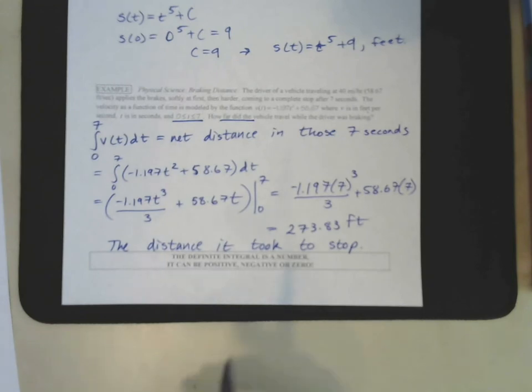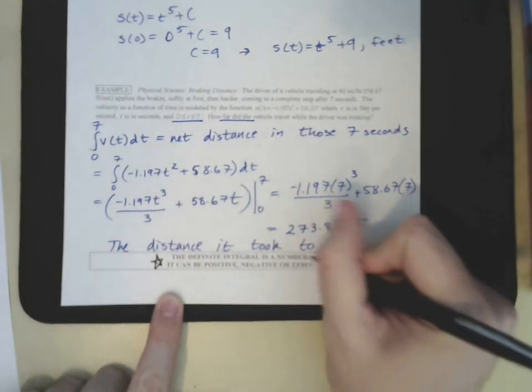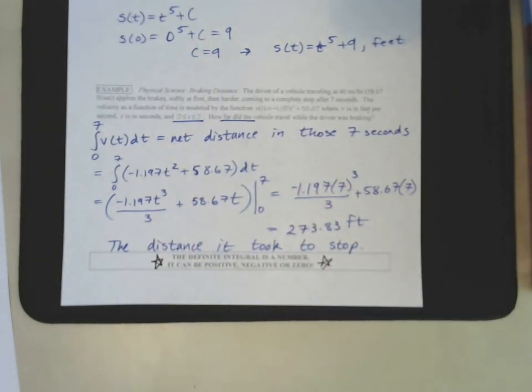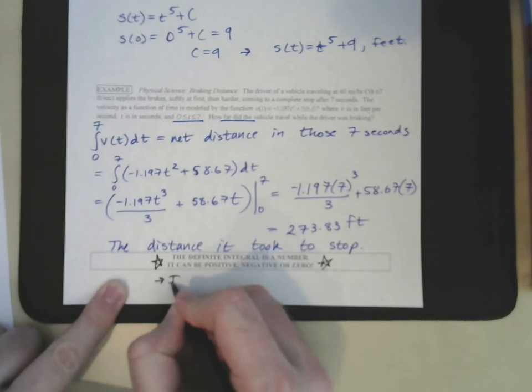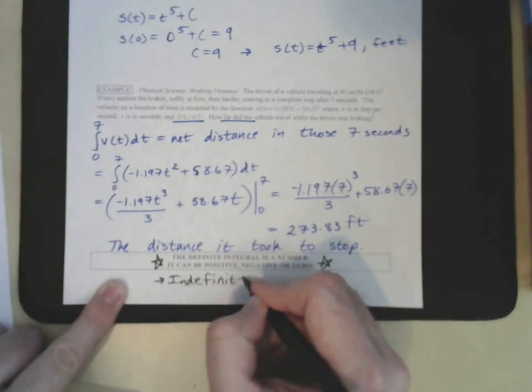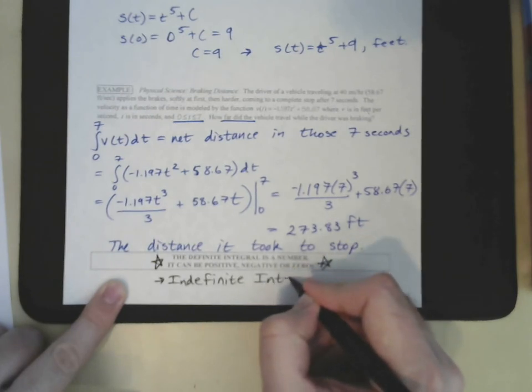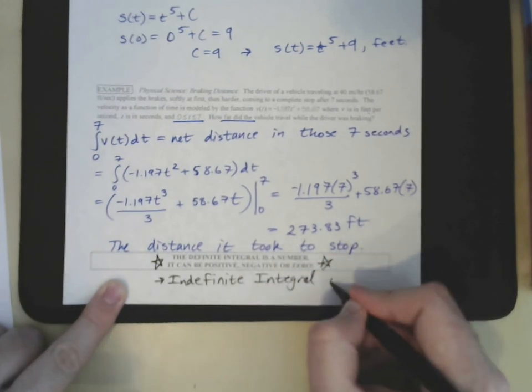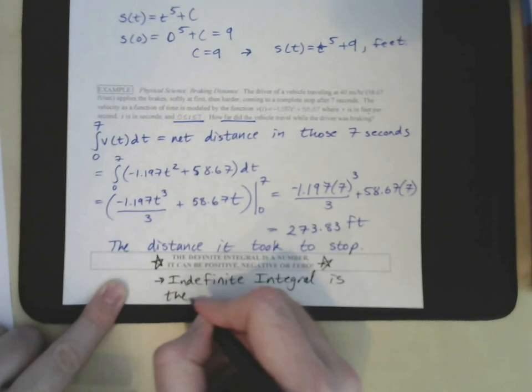So the last little thing in this section before we come to a close is this remark. The definite integral is a number and can be positive, negative, or 0, whereas the indefinite integral is always an antiderivative.